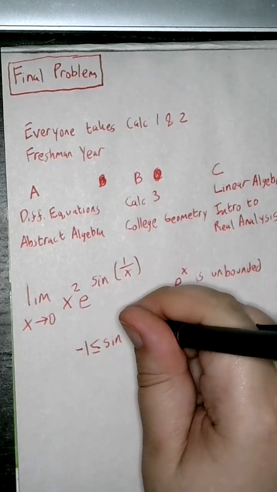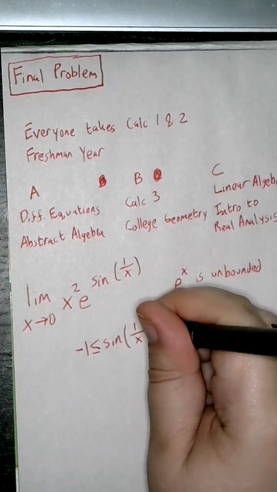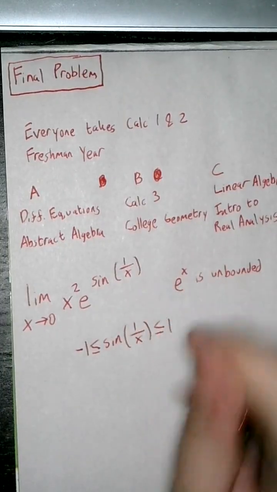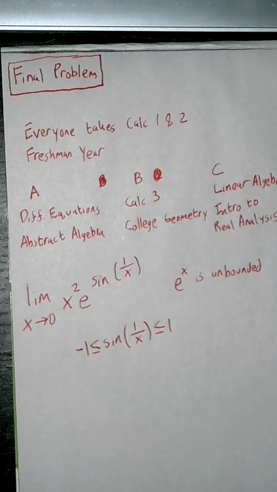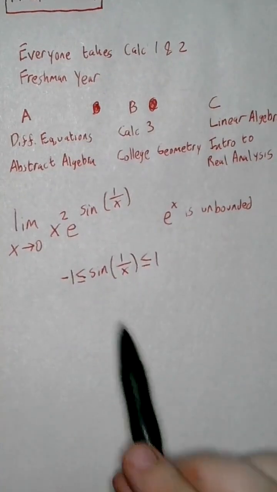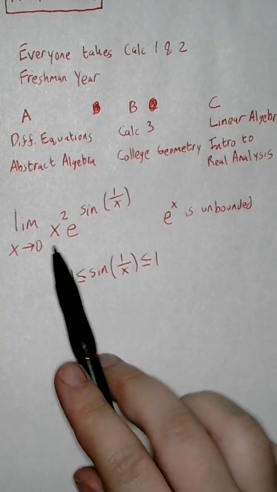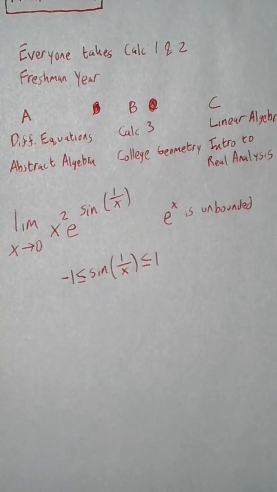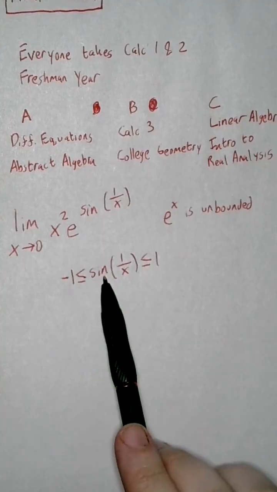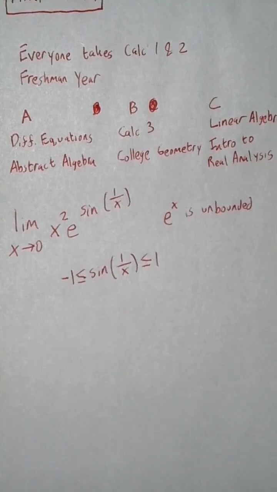I'm going to go ahead and write that down. And then from here, what should I do next? Should I involve e, or should I multiply by x squared? What do you think? Raise e to this or multiply x squared?